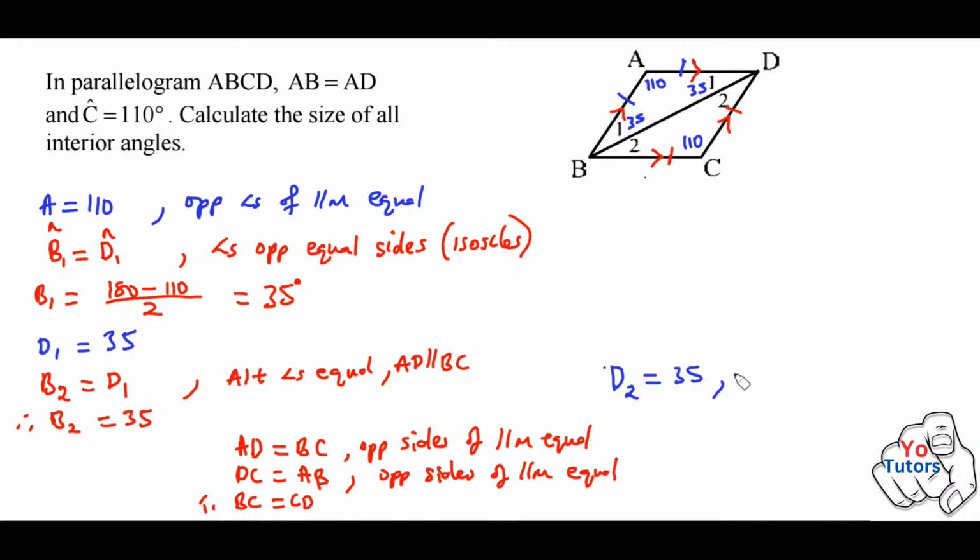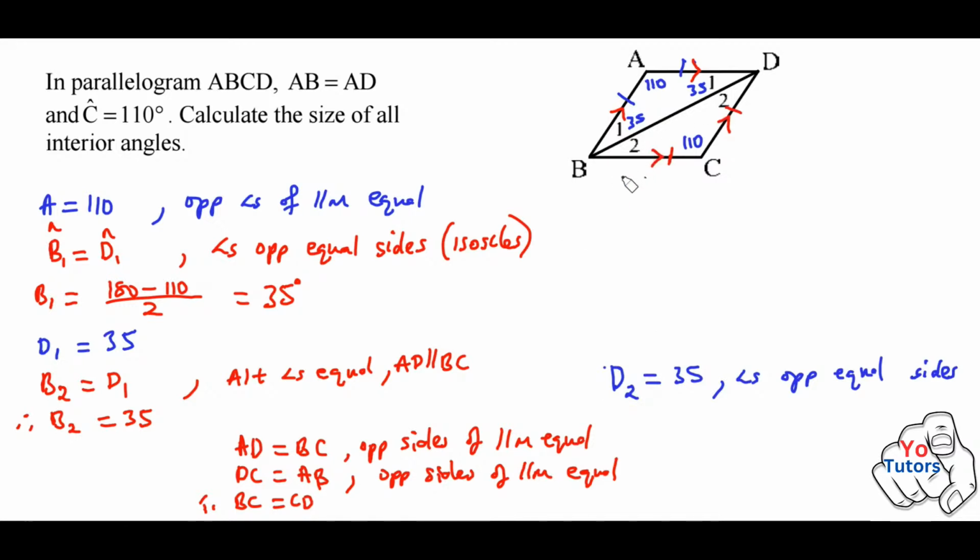Because these are angles opposite equal sides, because we have proved that this is an isosceles. This side here and this side are equal. That's why we are saying D2 should also be equal to B2.